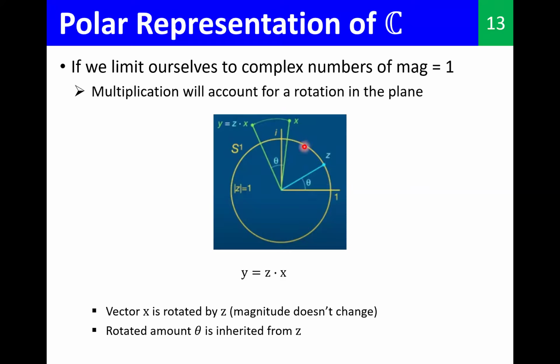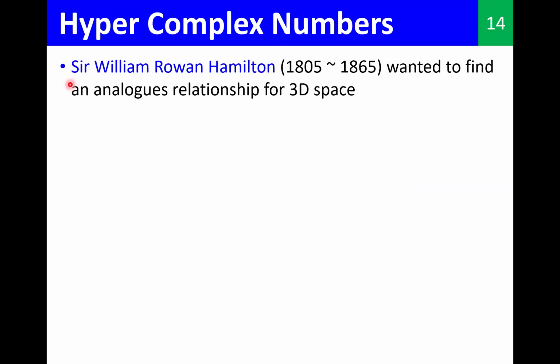Okay, so if you think more on this, maybe that's what inspired Sir William Rowan Hamilton back in the 1800s, right? That's what inspired him to think about, okay, if a complex number which we know can do rotation in the plane, then maybe in a similar manner, we should be able to achieve rotation in 3D.